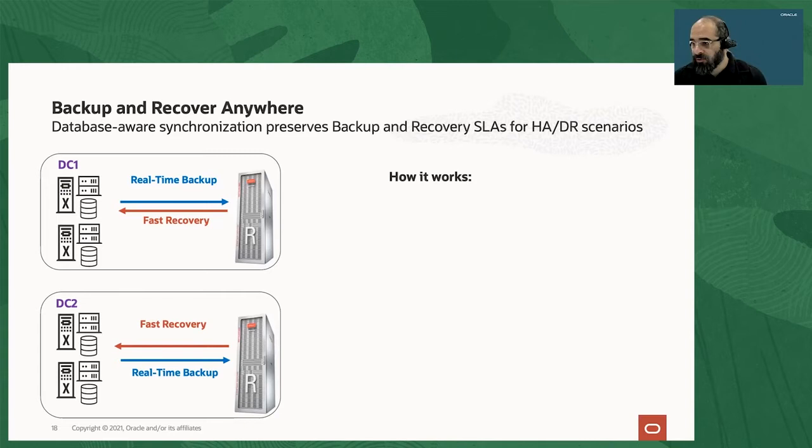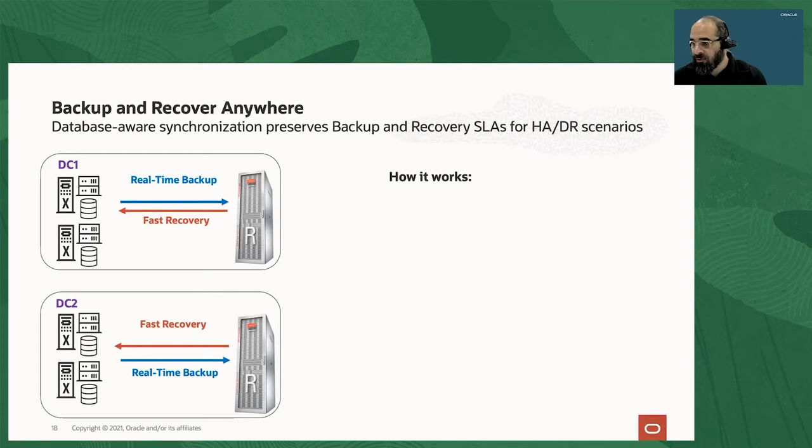Now, one big enhancement and one big feature that came in is the so-called backup and recover anywhere. In previous versions of the ZDLRA, we introduced what we call the high availability and disaster recovery policy, which was built on My Oracle Support notes and configurable manually by the customer.